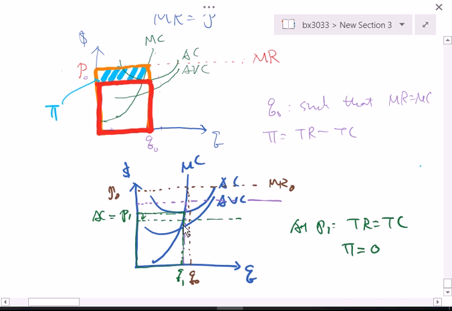the firm's best response is still to follow MR equal to MC. However, now the firm is going to make a loss. Then here comes the question: will the firm keep producing, or will the firm produce nothing? Because now it's making a loss. In order to answer this question, let me erase some from here, otherwise it becomes too messy.